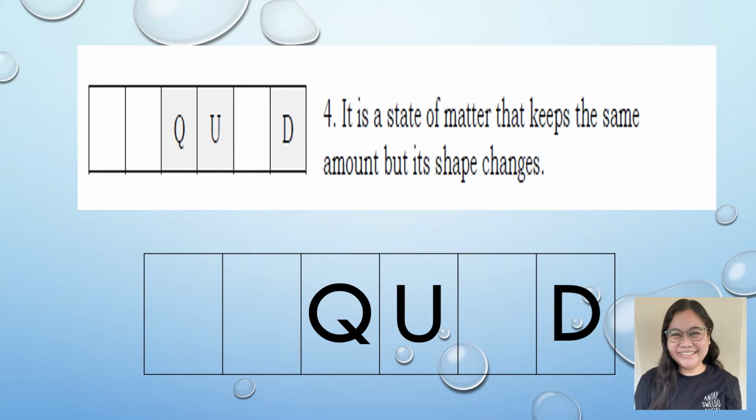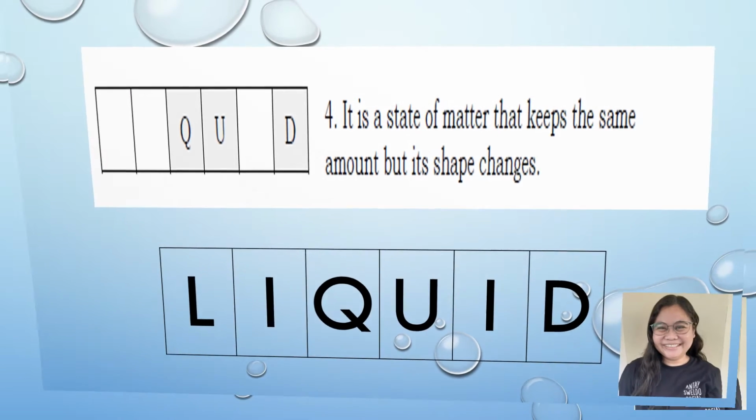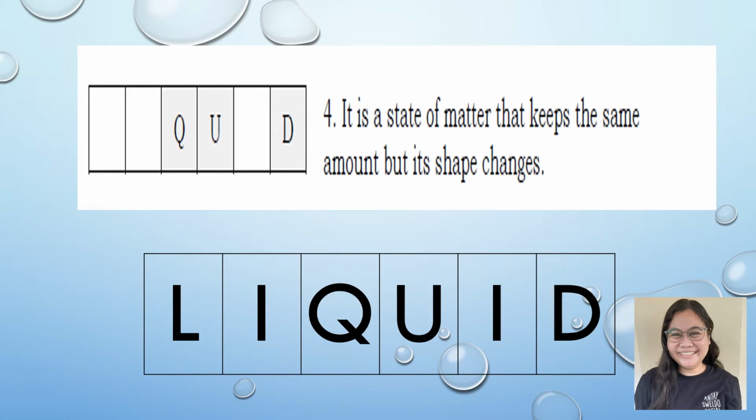For number 4, it is a state of matter that keeps the same amount, but its shape changes. Very good. Liquid.